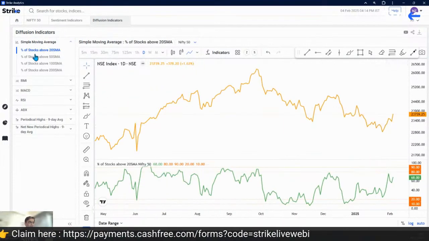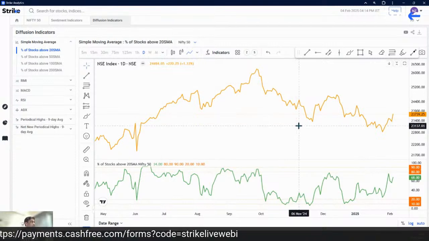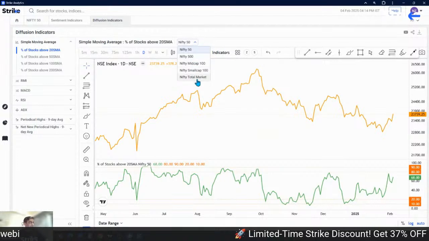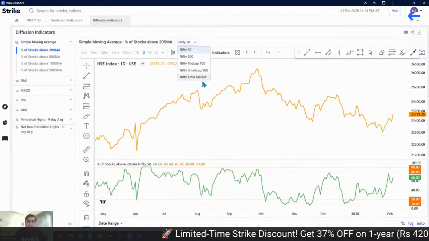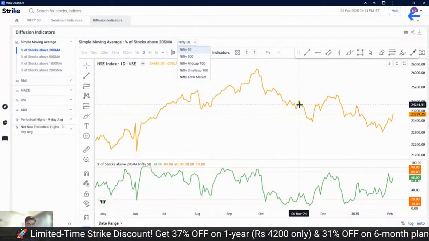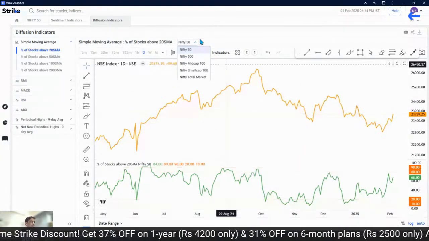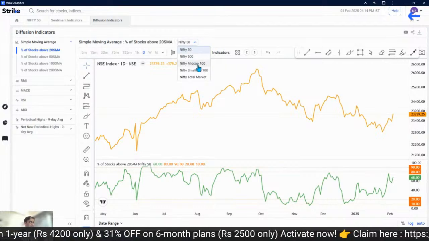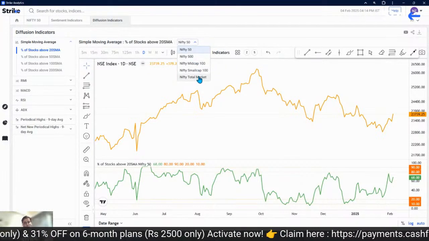Now, in the Nifty 50, my friends, there are various indices over here. Unlike sentiment indicators, where we could only look at the daily chart of Nifty, in diffusion indicators we have given you options where you can select Nifty 50, 500, mid cap, small cap, and total market. All right.